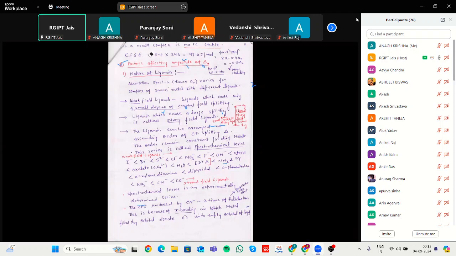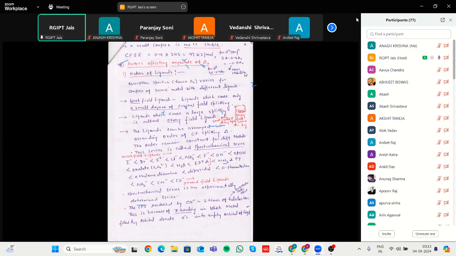If the number of electrons is 2, then 2 into minus 0.4 del O, that is minus 0.8 del O, which has more energy. This has more stability because it has 2 electrons and is stabilized.